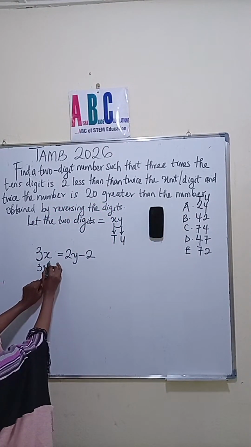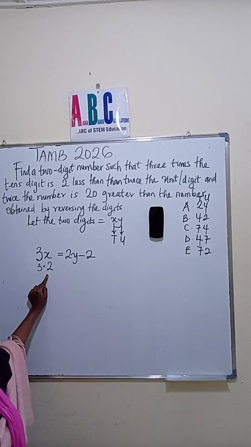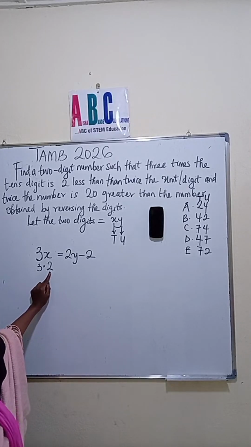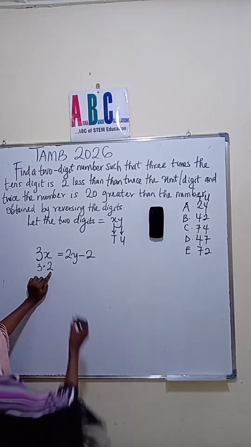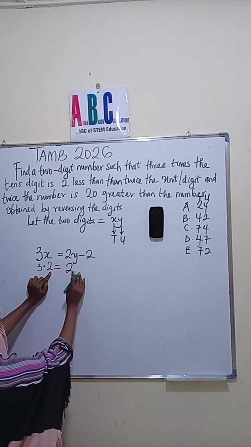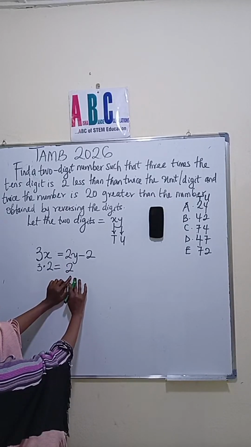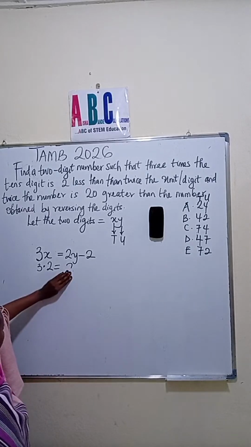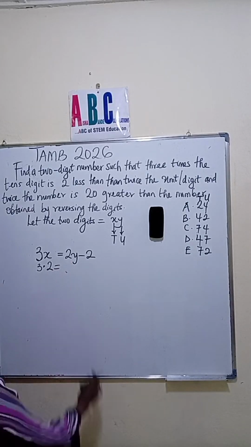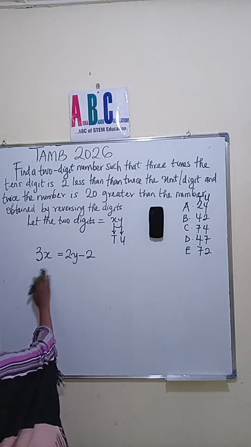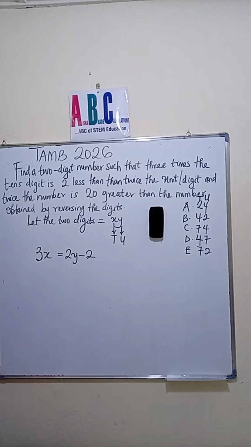So this will be 3 times 2. So they understand why you are picking the 2, sir. Yes, go on, sir. I'll write it.